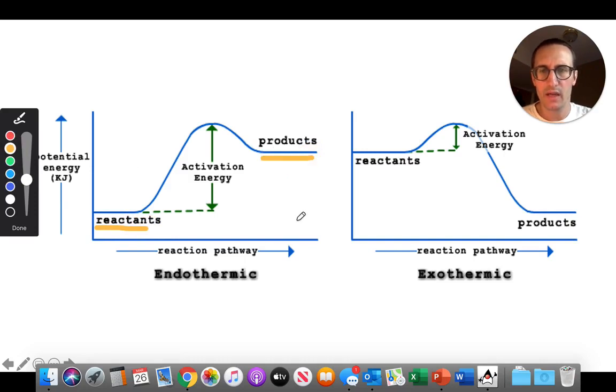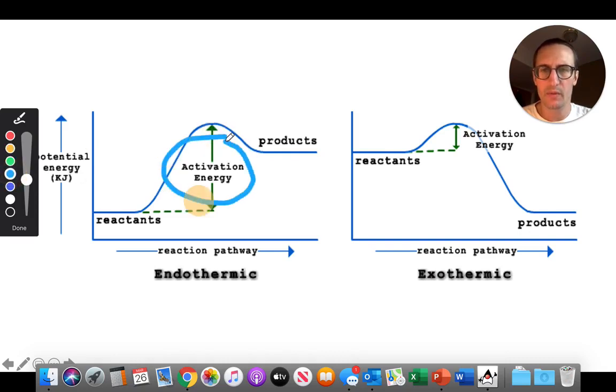And so if we have to put energy in to get from reactants to products, we know that that is an endothermic process. If we get energy out, if the energy goes down as we move from reactants to products, that is an exothermic process.